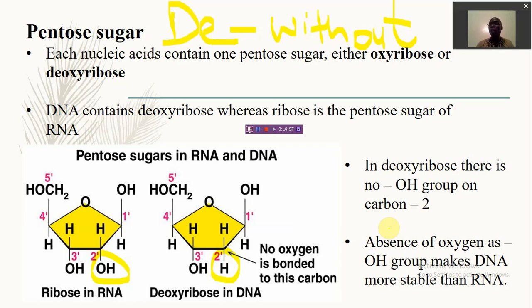We have discussed at length the structure of the nitrogenous bases, and there are 2 types: purines and pyrimidines. Then I've discussed the structure of the pentose sugars, and there are also 2 types: ribose and deoxyribose. Ribose is found in RNA. Deoxyribose is found in DNA.